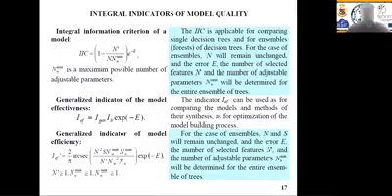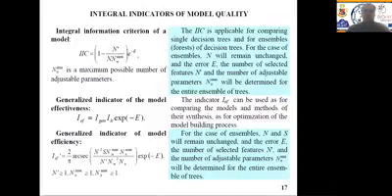So we have a set of primary properties of a model and also a set of proposed indicators reflecting separately each of the properties. But it is very useful for practice to have specific integrated indicators.